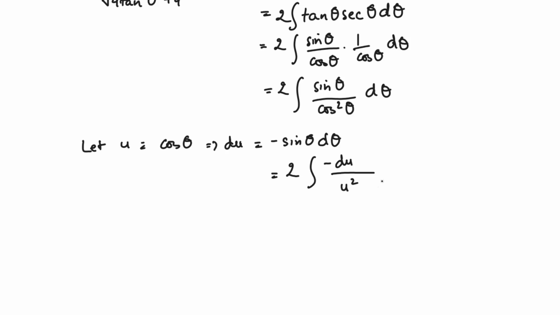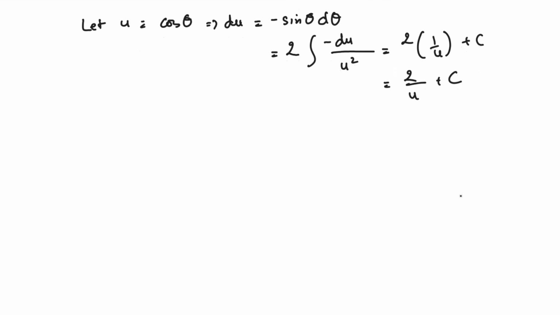So this equals the integral of negative 1 over u square times 2, and 1 over u is the result of the integral of negative 1 over u square. Plus c. So that's equal to 2 over u plus c.